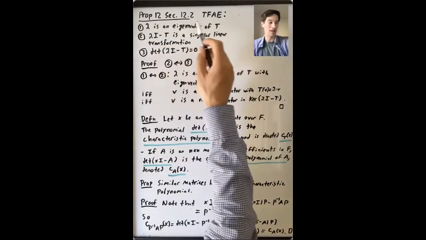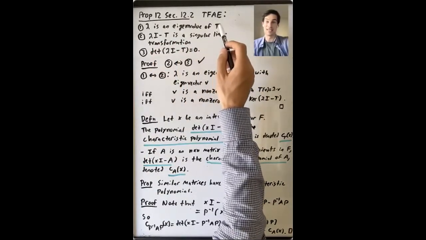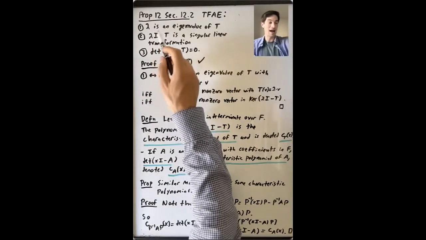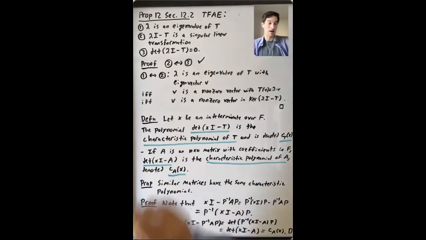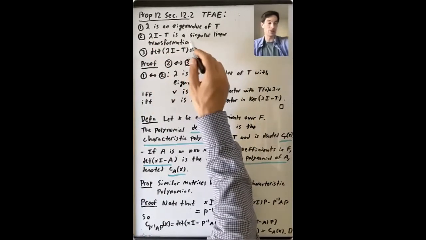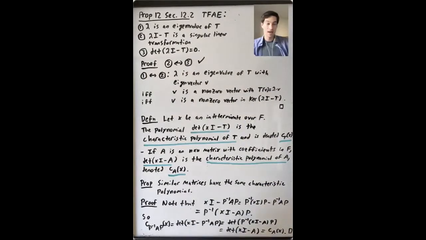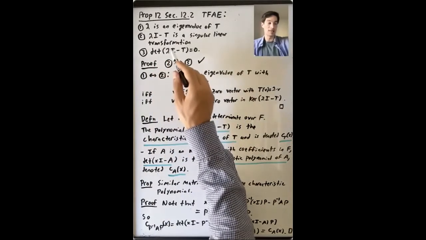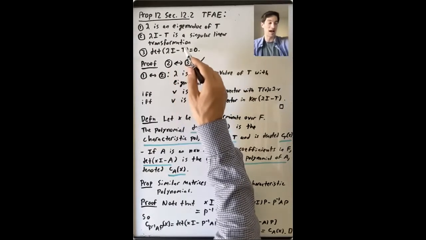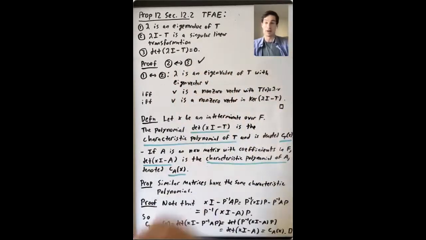Lambda is an eigenvalue of the linear transformation T from V to itself. Lambda times I minus T, where I now is the identity linear transformation, is a singular linear transformation. And the third one is that the determinant of the linear transformation lambda times I minus T is 0.